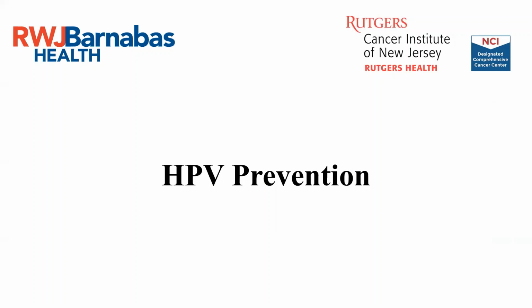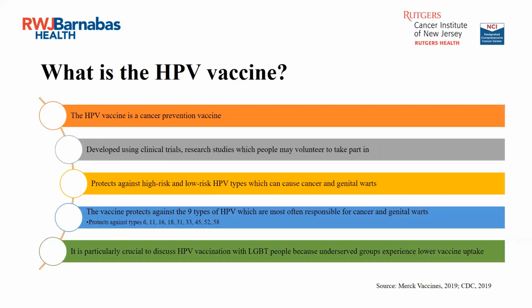So now that I've talked about HPV infection, I want to talk about different ways to prevent HPV infection and its cancers. The most effective way to prevent HPV and its associated cancers is by completing the HPV vaccination series. So what exactly is the HPV vaccine, more commonly known as Gardasil?